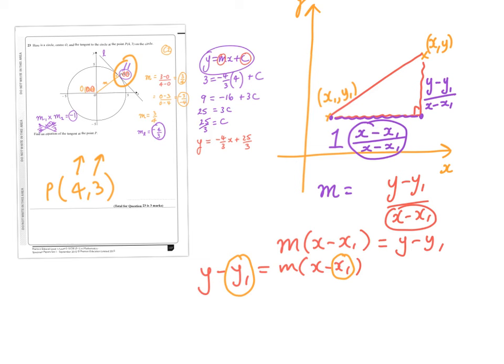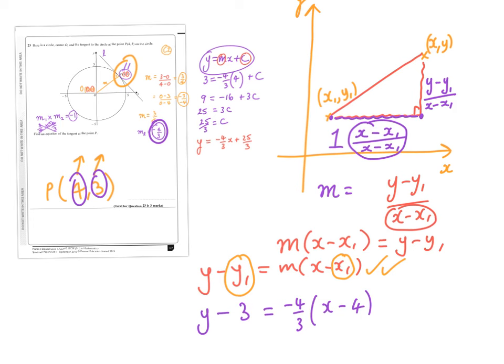So let's use this way, and this is more of an A-level way of doing things. So putting in the values, we'll have y minus 3 is the gradient, minus 4/3, lots of x minus the x1 value, which is 4. Don't forget we chose x1 and y1 to be 4 and 3 because we wanted it for any y and any x.